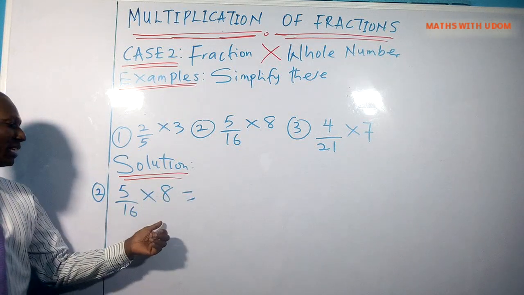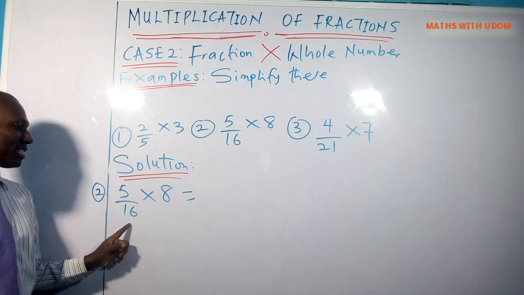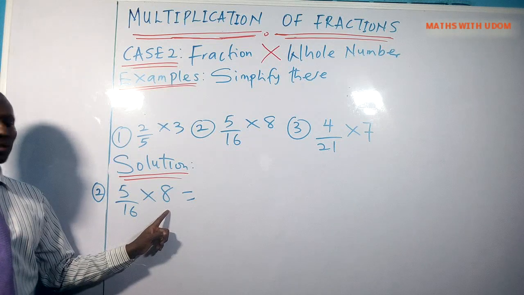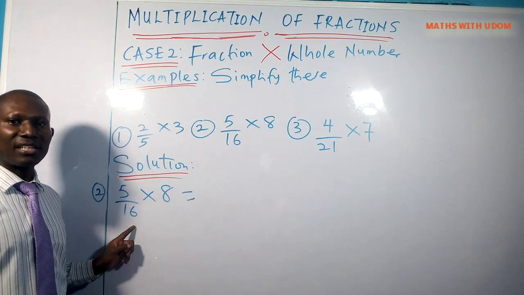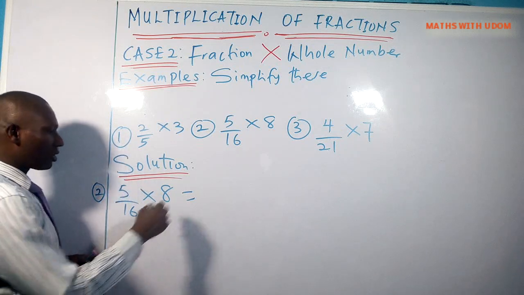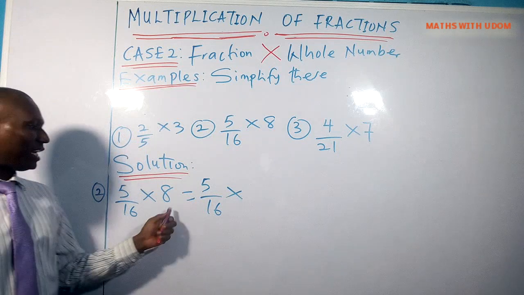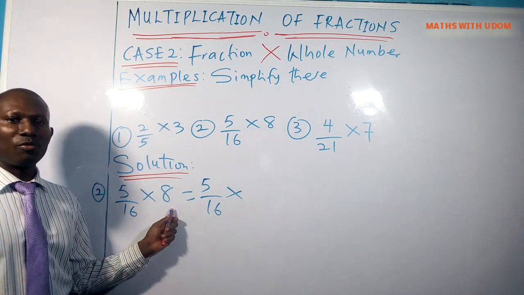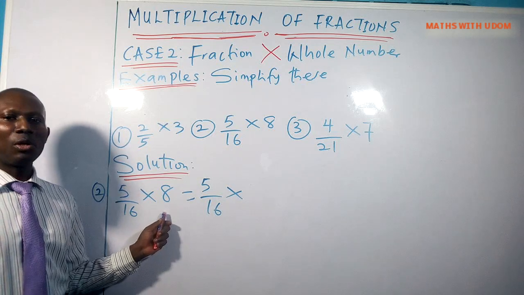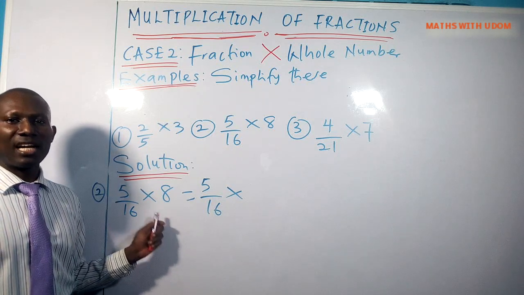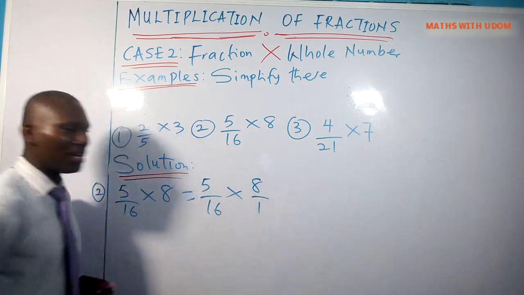This is the same thing as 5 over 16 in 8 places, or 8 lots of 5 over 16. That's the interpretation. So for us to solve this, we have 5 over 16 multiplied by 8, which can be written in its equivalent. The equivalent of 8 is 8 over 1, because every whole number has 1 as its denominator.